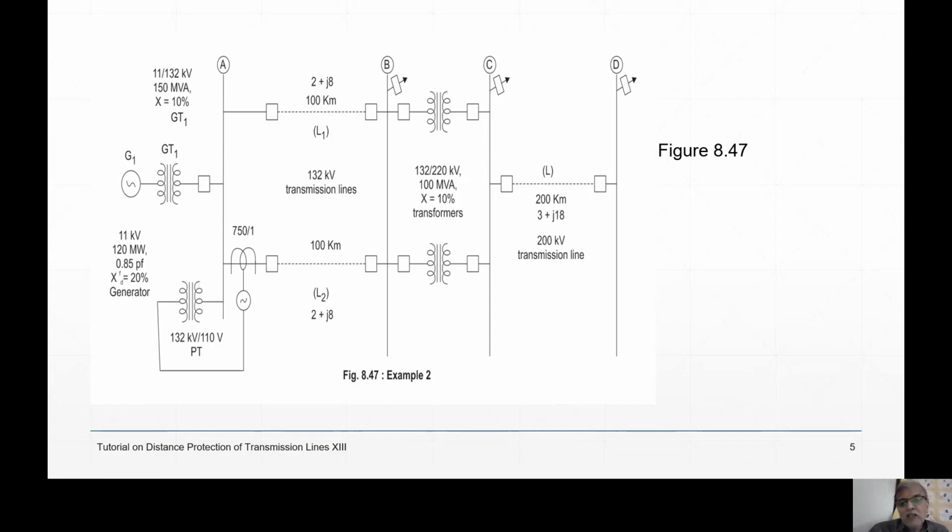And it will go into the transformer and may go up to some extent to 220 kV line, 200 kilometer. So how many kilometers will it cover in zone 2? That we have to find out. And zone 3 coverage will be what? That you have to find out. So this is how it is a reverse example.